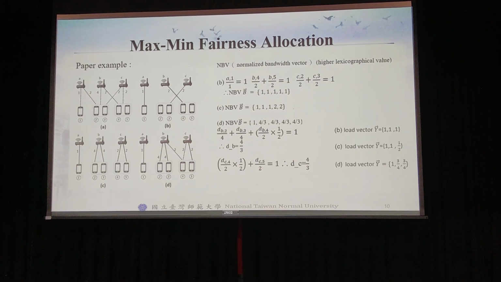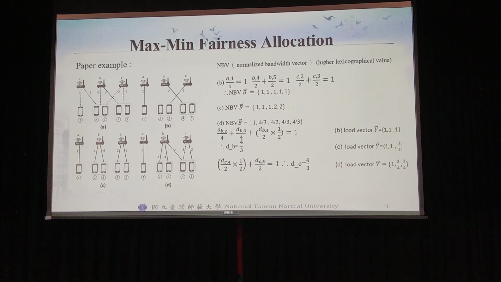According to figure B, 1 divided by 1 means AP A connections to user 1 are divided by rate. Rate is 1. And for B, 4 divided by 2 means AP A connected to user 4 are divided by rate.